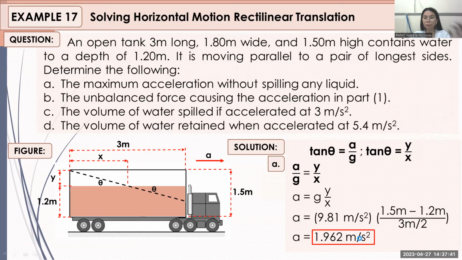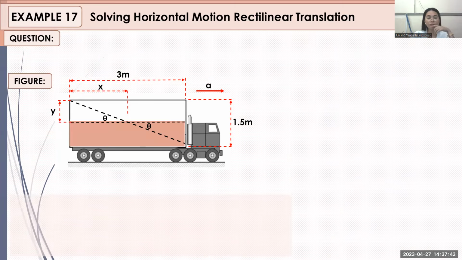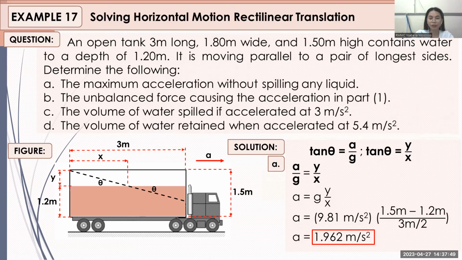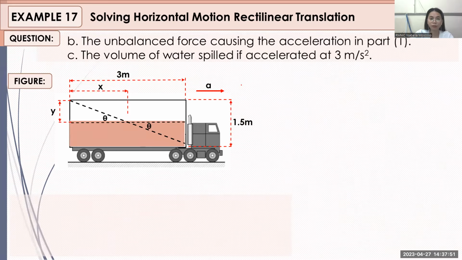Okay. So let us try to solve your letter B. Yung letter B daw, binigyan tayo ng acceleration na 1.962. Since meron tayong acceleration dito, ibig sabihin, magkakaroon din tayo ng reverse effective force. And actually, reverse effective force is also called as unbalanced force.